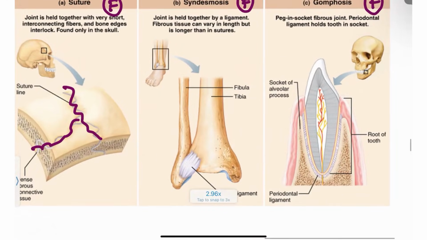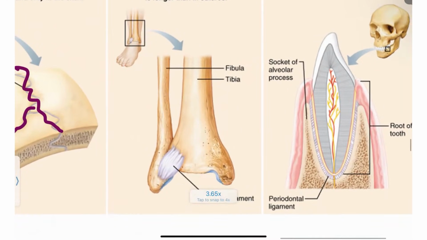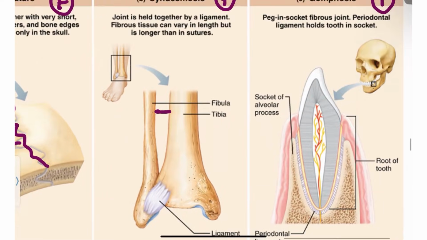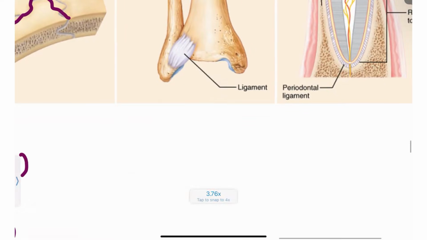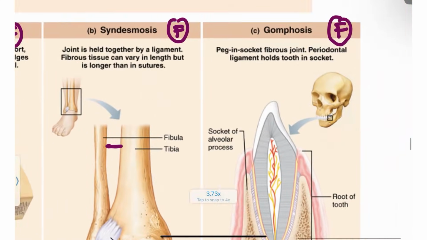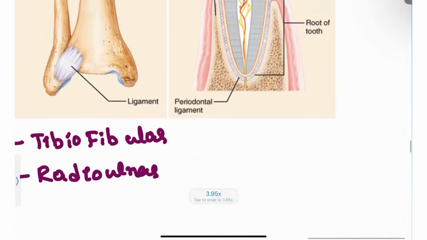Syndesmosis is the structure where the joint is held by a ligament or membrane. There are two examples you have to remember: the tibiofibular and the radioulnar joints. And the third one is gomphosis.